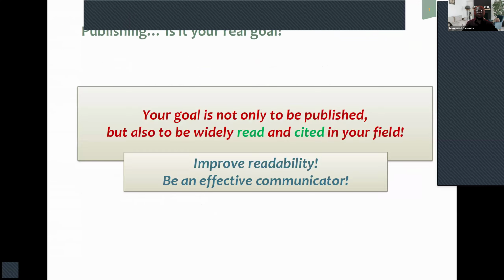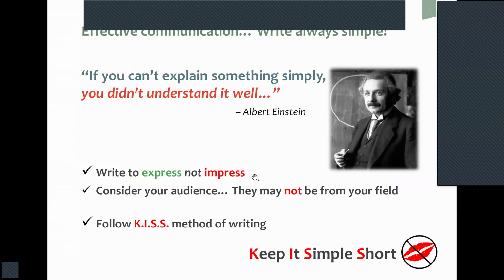Yes, so effective communication. How do you communicate effectively? Your writing should be simple. According to Albert Einstein, he said, if you can't explain something simply, it means you didn't understand it well. So whatever you write, your reader should be able to understand you.